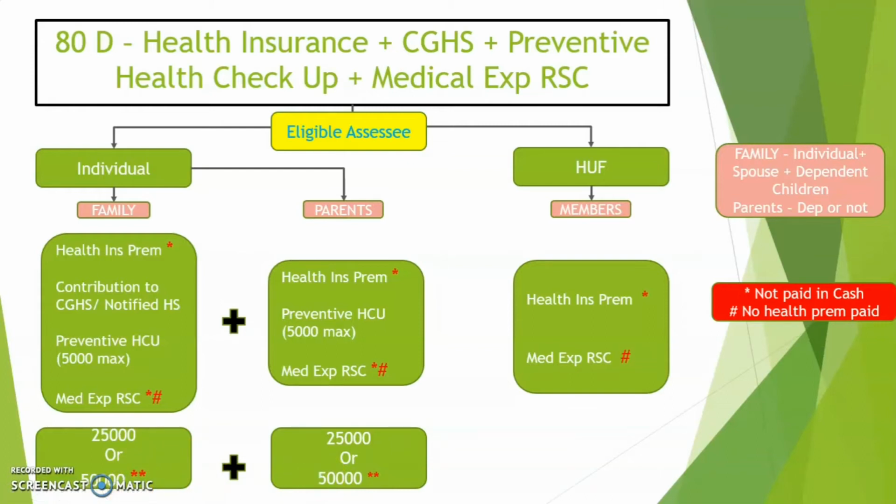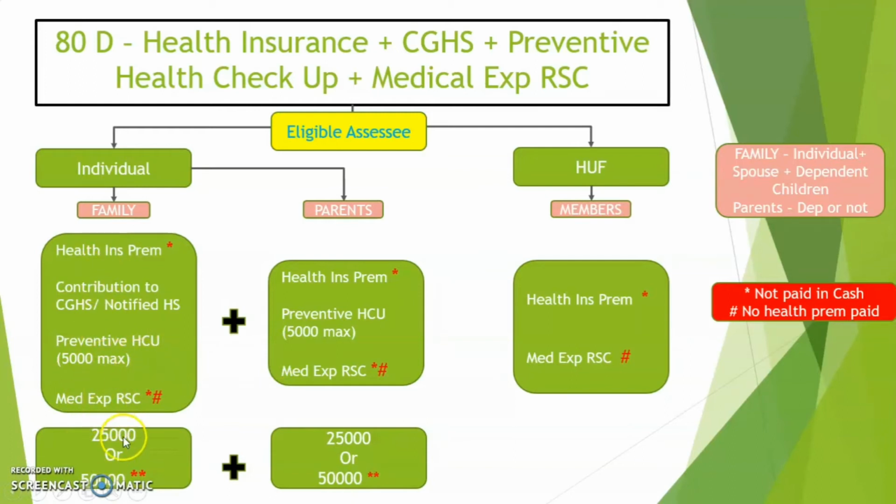Clear? So the difference between 25,000 and 50,000 is that if any person in the said category, the category is what's shown in pink color, crosses 60 years of age, the deduction of 25,000 gets doubled to 50,000. Alright. So there are two things to be satisfied. Make sure preventive health checkup doesn't cross 5,000 for this category.